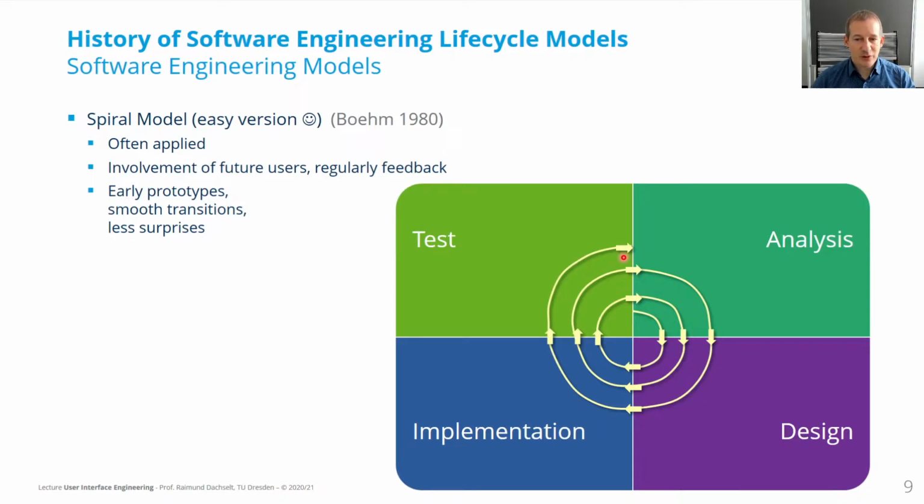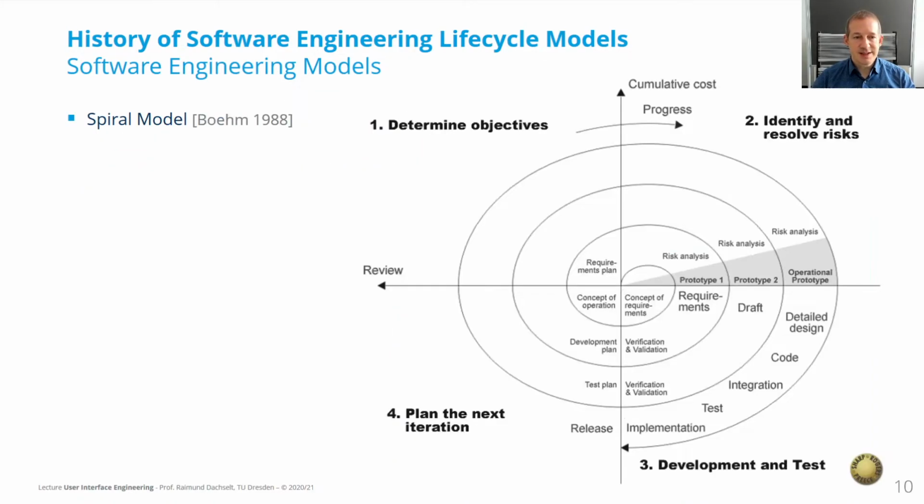So this is not really the original Boehm's spiral model. It's just the general idea that these typical phases like analysis, design, implementation and testing are interleaved and done in an iterative fashion. The spiral model by Boehm looks like that. It is the idea as opposed to the waterfall model. I mean, the waterfall model has several disadvantages, as we talked about.